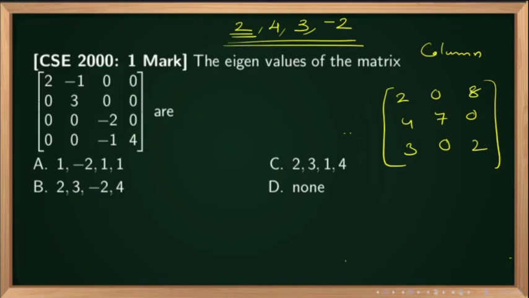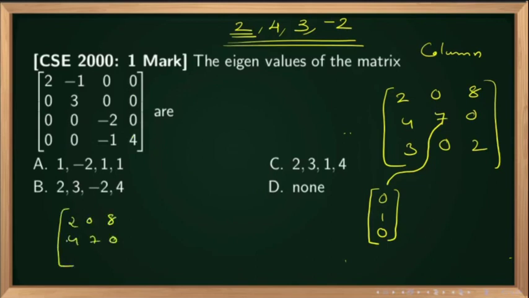My next point is that the corresponding eigenvector will be determined by the position. You check the position of this 7. It is the second position, right? You put only 1 in that particular position. This will be an eigenvector corresponding to this eigenvalue. That is what I missed when I discussed this problem. That is an additional concept. You see the matrix with rows 2 0 8, 4 7 0, and 3 0 2.